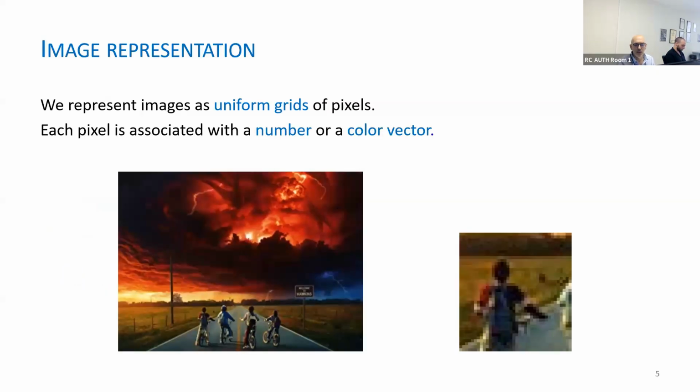Okay, so let me introduce this topic. Probably you already know something, because the basic concepts are quite simple. First of all, we would like to make clear the difference between the image domain, where we have a uniform grid of pixels, and as you well know each pixel is associated with a number, and that number represents the color of that pixel or the gray level.